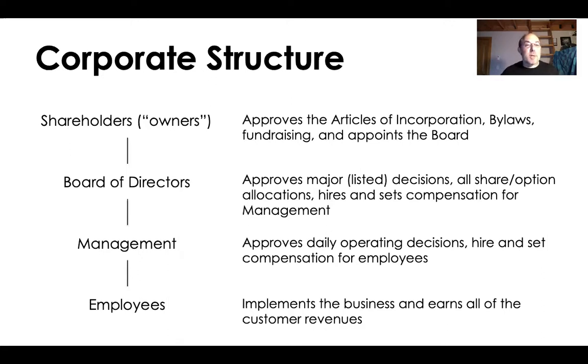And ultimately, the board of directors is basically hiring the management team to then run the company on a daily basis, and they're making the big strategic decisions, including hiring and firing the employees. And those employees are the ones actually bringing in the customer revenue, right? They make the product, they do the sales, they do the marketing, and so forth. And so that's the structure you should have in your head when I talk about wanting a board seat.